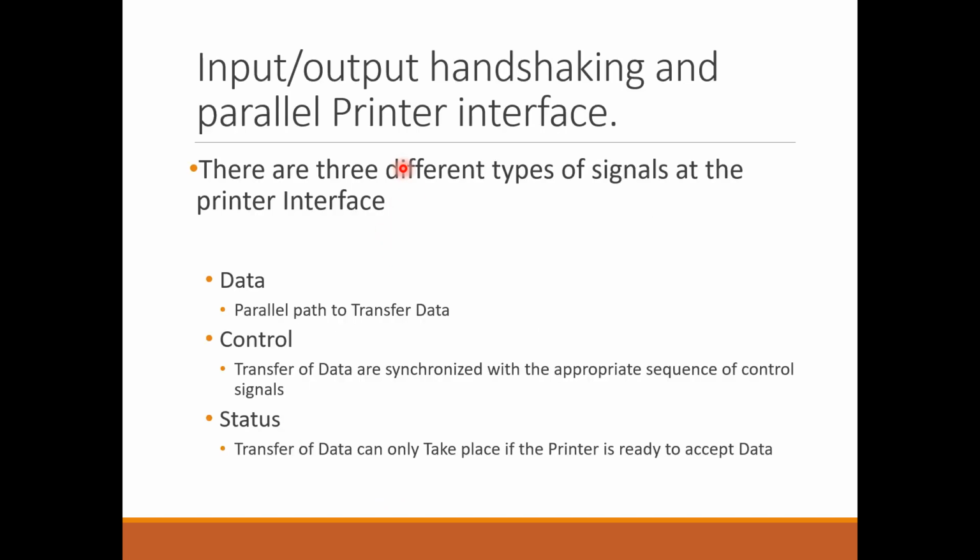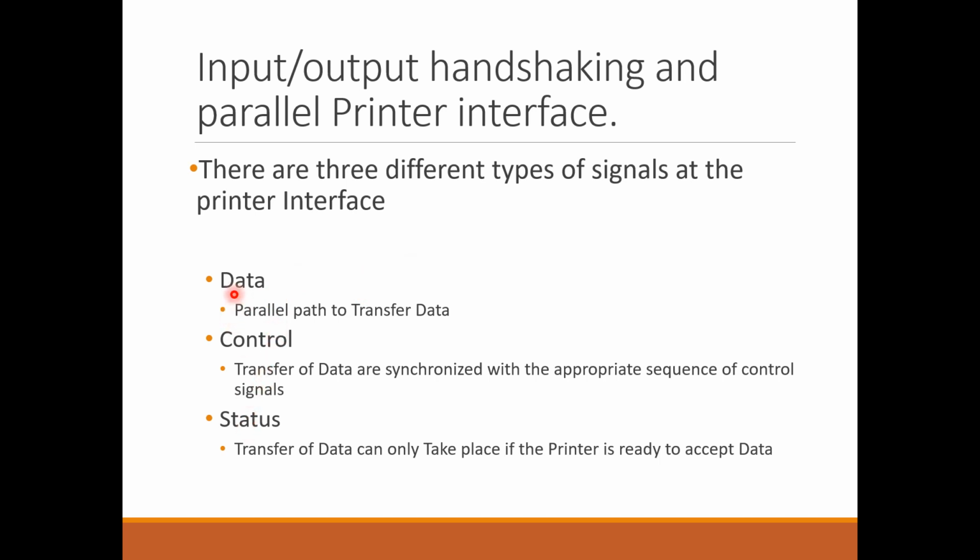Okay, and there is something to talk about which is called input output handshaking. We are going to take the parallel printer interface as an example, and there are 3 signals which are available in order to interface the microprocessor with the parallel printer, which are data, control, and status.